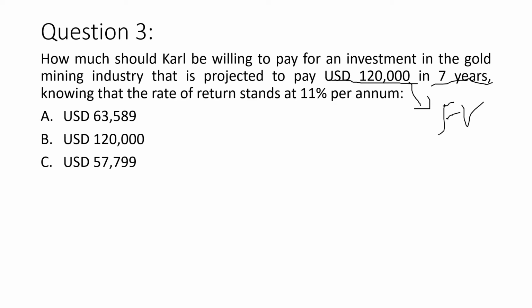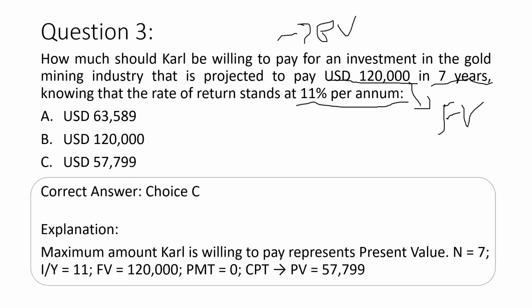Knowing that the rate of return is 11% per annum, and again, there is no mention over here whether it's compounded quarterly or semi-annually or even monthly. The question is to calculate present value, because what he should be willing to pay today refers to the present value. This question is very similar to the first one we did.